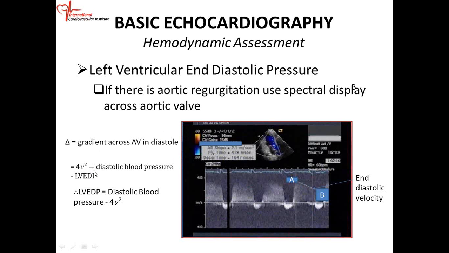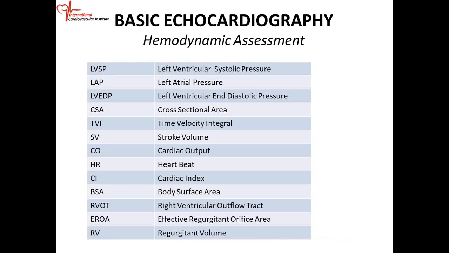Okay? So you square your velocity, multiply by 4. And that gradient is equal to your diastolic blood pressure minus your left ventricular end diastolic pressure. So your left ventricular end diastolic pressure is equal to your diastolic blood pressure minus the gradient. And you can calculate your left ventricular end diastolic pressure.